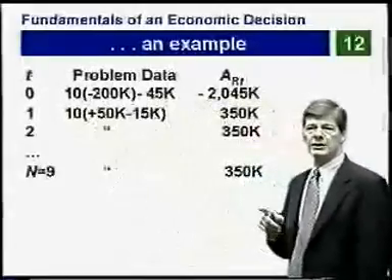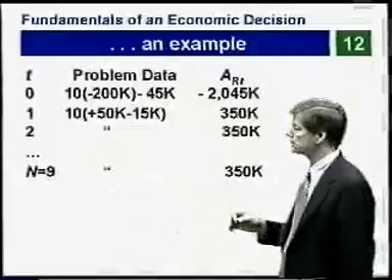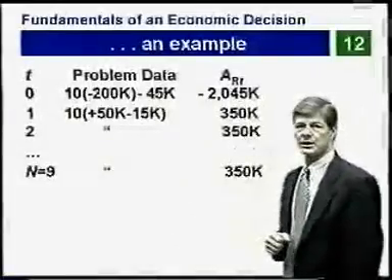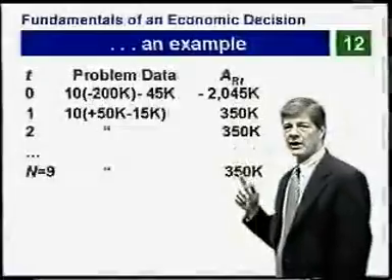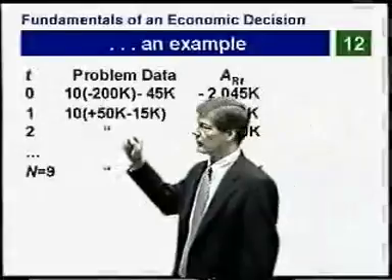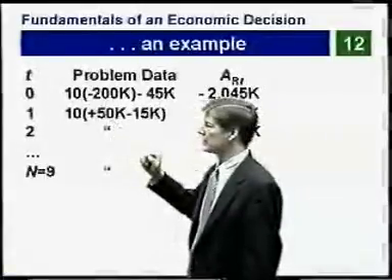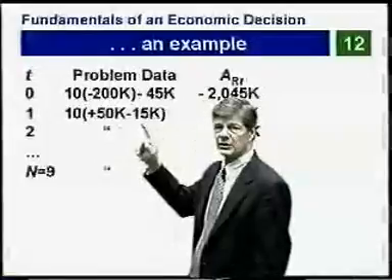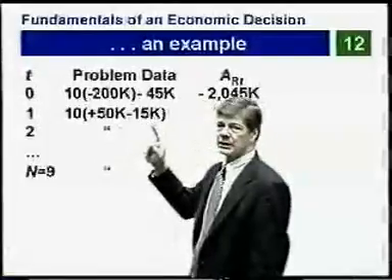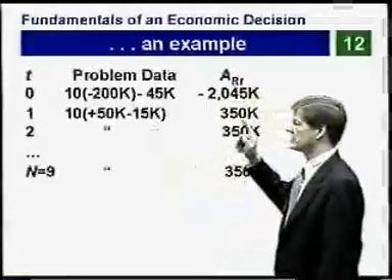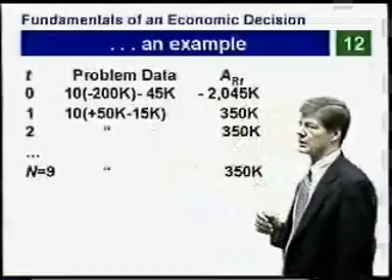Therefore, the total net cash flow at time 0 would be an investment of $2,045,000. For that investment, we would have 10 robots. They're going to have labor savings of $50,000 a year, but increased energy costs of $15,000. So the net cash flow, the net savings I would have every year for the next 9 years, is $350,000.